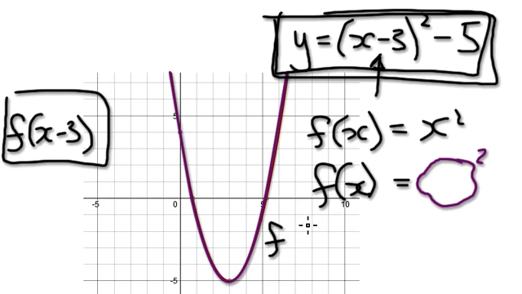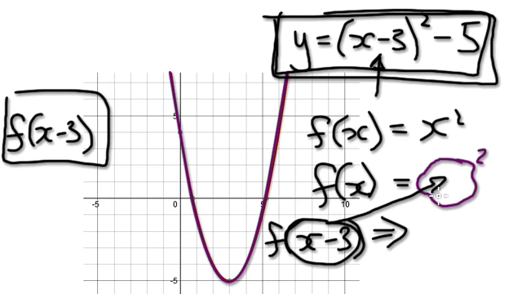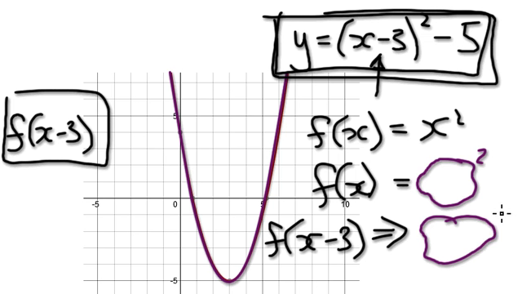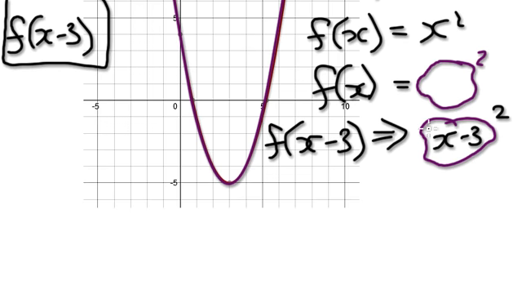But if you want to know f of, let's say, x minus 3, it's you putting this thing into the bubble here. So it's like you doing this: something squared, but you are putting x minus 3 into the bubble, so it's really this. That's like us being in this position right there.